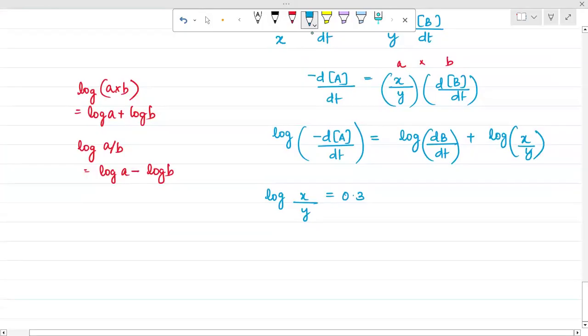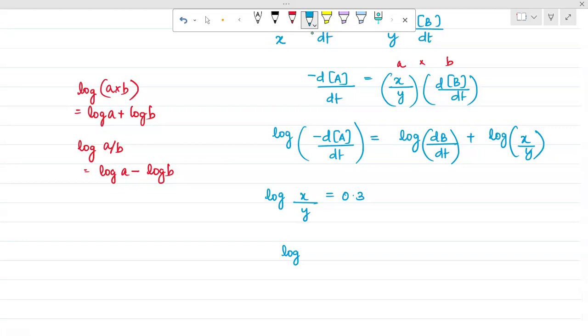Through consistent practice, you will get to know the basic values. At least learn the log values up to 10 so that you can be quick enough. You have to learn at least the first 10 values: log 1, log 2, log 3, log 4, log 5, log 6, log 7, log 8, log 9, log 10. Others you can derive.